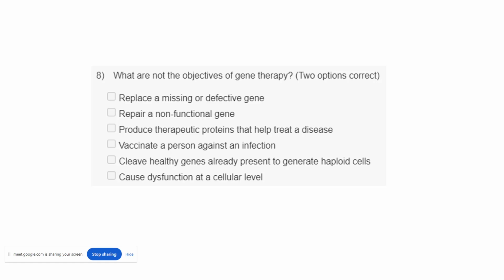Okay, we have the next question here. What are not the objectives of gene therapy? You have to select two correct options here.